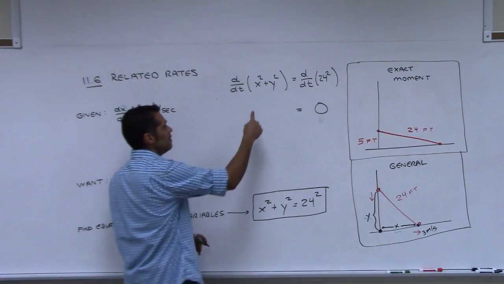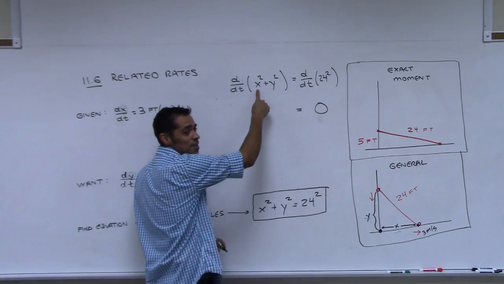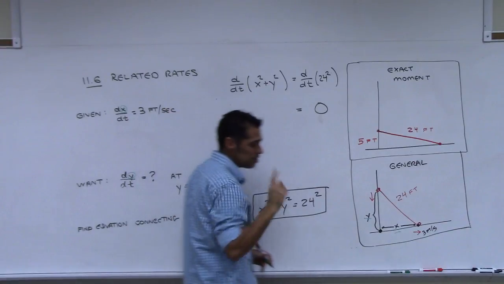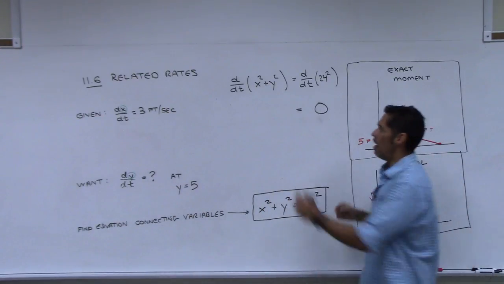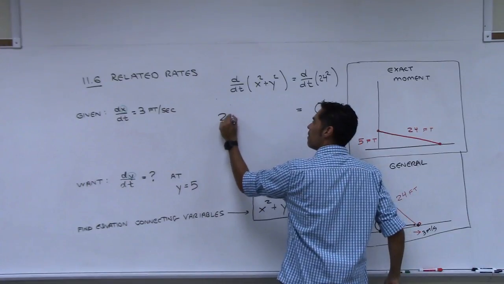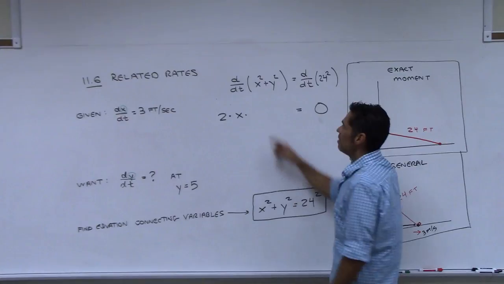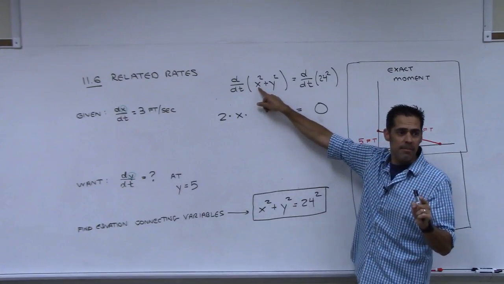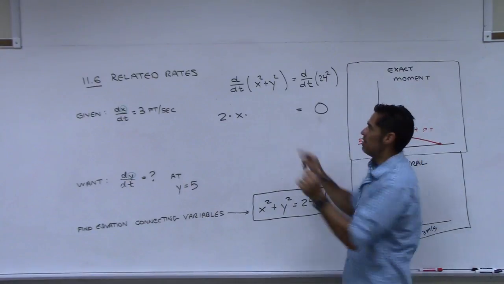What's the derivative of x squared with respect to time? You need to use the chain rule. So 2x first, right? 2 comes out, then x to the first power, then times, what is the derivative of x with respect to time? dx/dt.